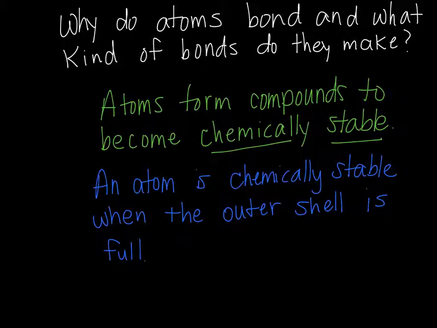So whatever shell is on the outside, whether that's the first one, the second one, or the third one, when the outermost shell is full, an atom is chemically stable. You might remember from doing your Bohr models that the outer shell is typically full with either 2 electrons if it's the first shell, or 8 electrons if it's the second or third shell. So kind of our magic numbers for these are 2 electrons or 8 electrons. When you have a full outer shell, your atom is chemically stable.